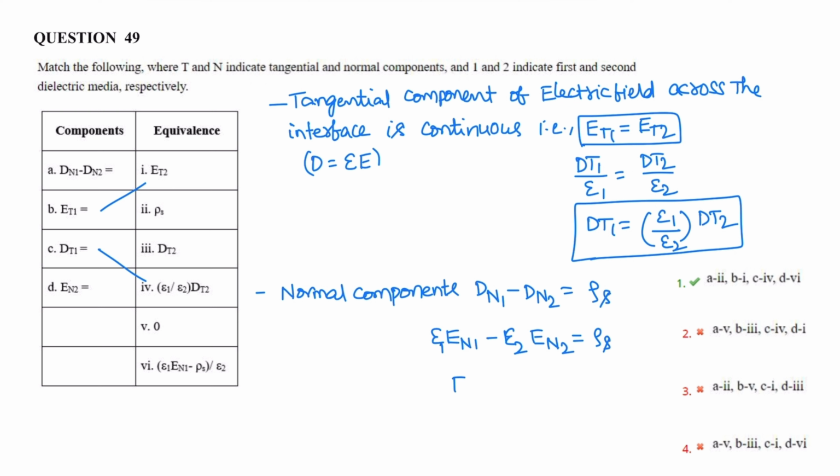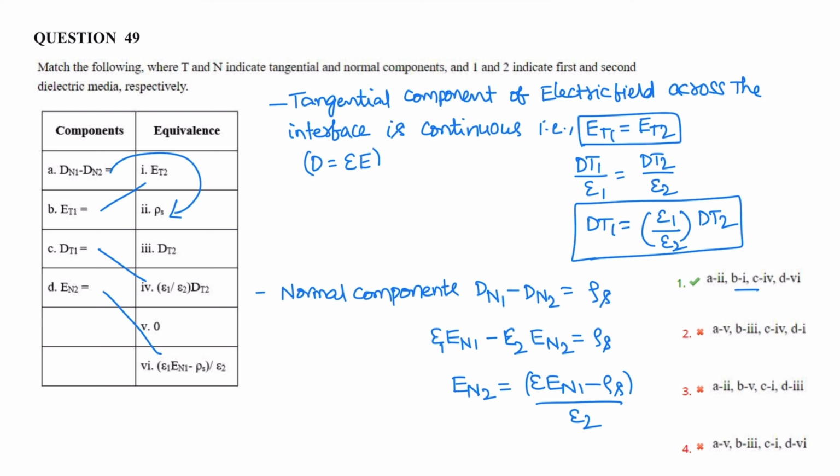So En2, the normal component in medium 2, is epsilon 1 En1 minus rho s, divided by epsilon 2. For option D it is 6, and for option 1, Dn1 minus Dn2 is rho s. So the correct option is 1.